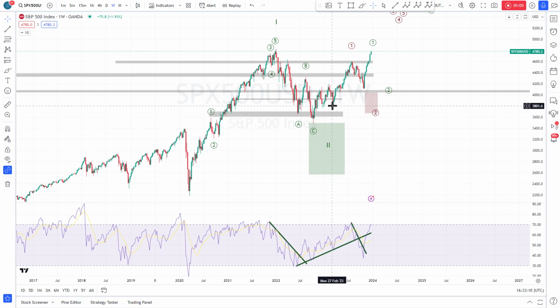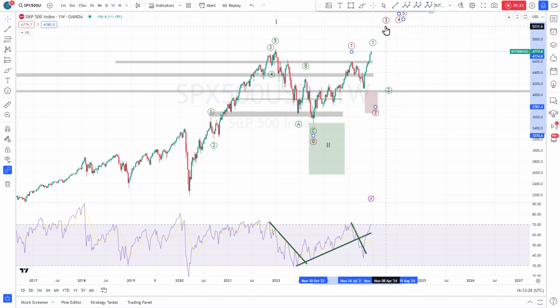So 1, 2, 3, 4 down, and now the fifth wave up. The other possibility is that we had a wave 2 down here, just like the Dow Jones, and the move that we are seeing upward here is now our third wave.